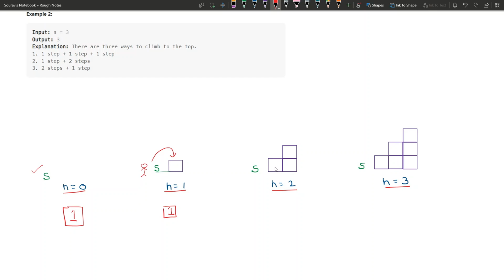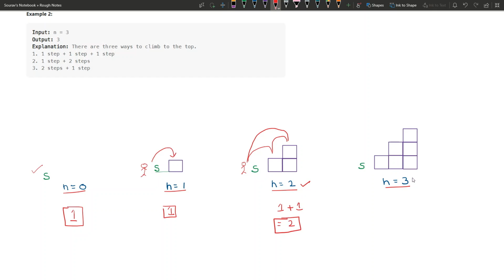Now let's see if there are two steps and we have to reach the top. Ram could have taken step 1 and then step 2, that is one way, or he could have taken step 2 directly, that is another way. So there are a total of two ways to reach the top if there are two stairs.